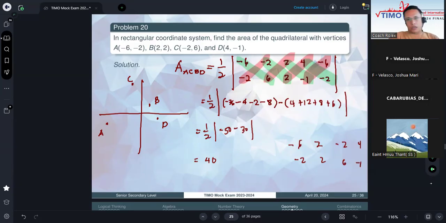I mean, you cannot directly write these numbers inside this so-called matrix if you did not arrange it first, because it will not give you the answer that you need. Okay, so you have to arrange first. So you can also do the DACB as long as it is clockwise, which forms a quadrilateral.